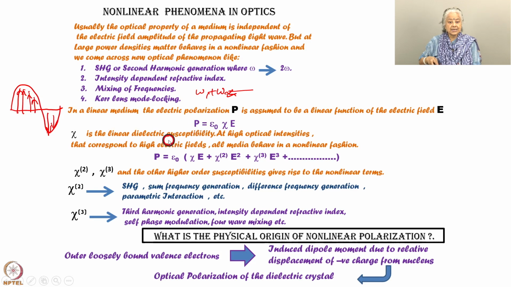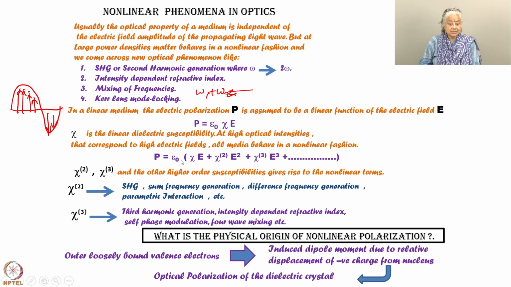And chi is the linear dielectric susceptibility. So, it is a linear effect. Okay. You have an electric field, you have a polarization, and chi is a linear dielectric susceptibility. Epsilon 0, as you know, is the permittivity. Okay. So, this is still linear optics.